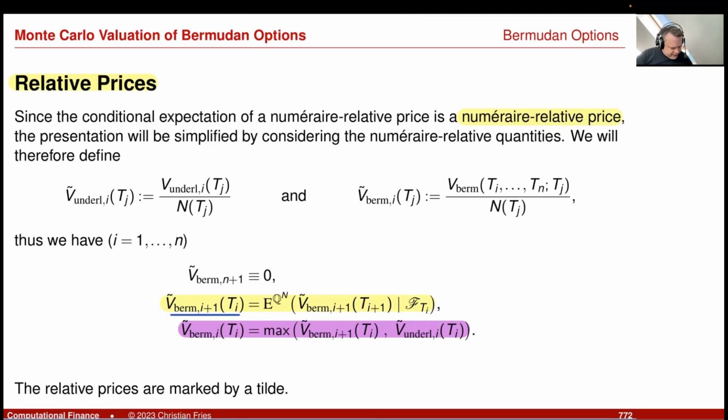And then you plug this into your exercise criteria to get the Bermudan at this evaluation time with this additional exercise date. Okay, so this is more or less the definition of the value of the Bermudan by maximizing the value obtained upon exercise.